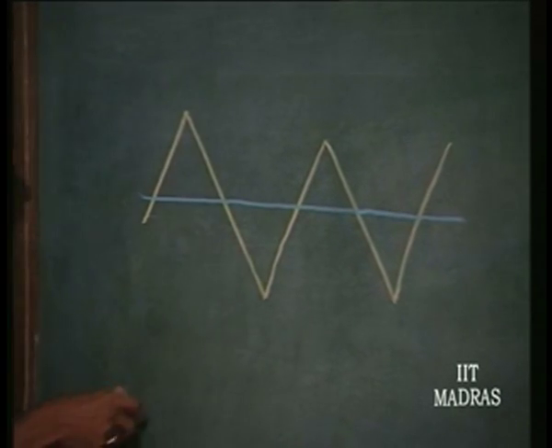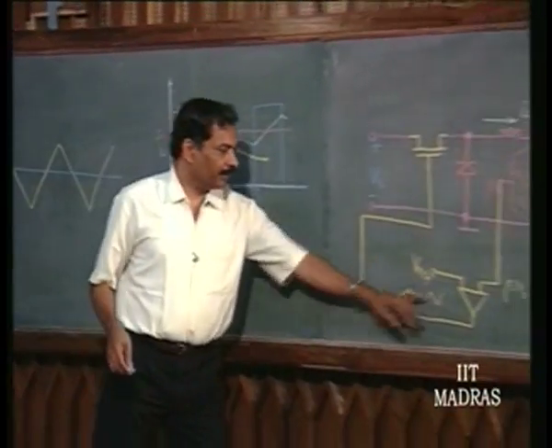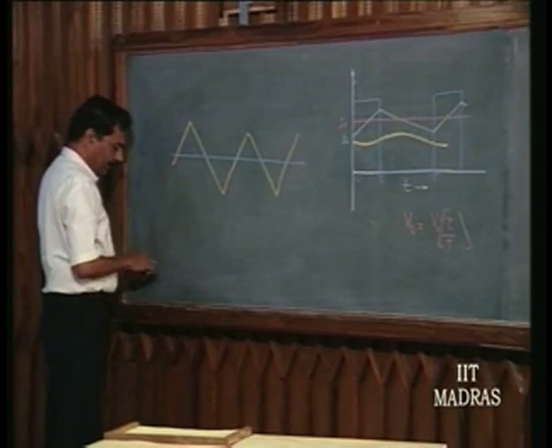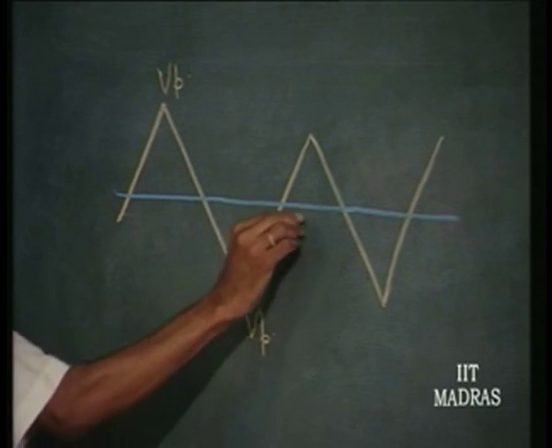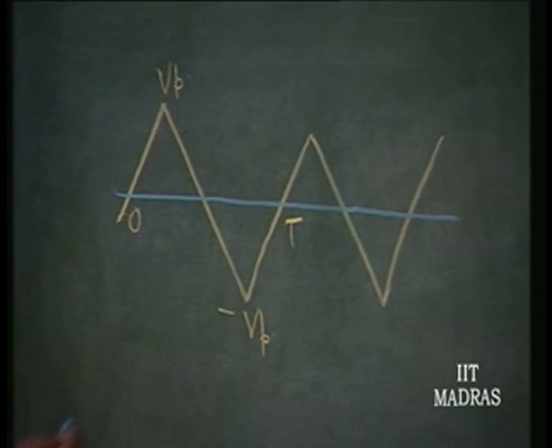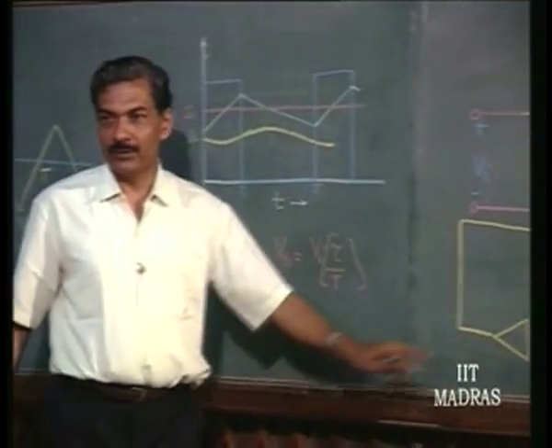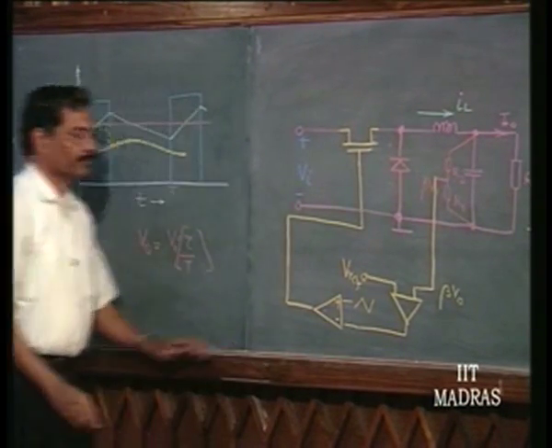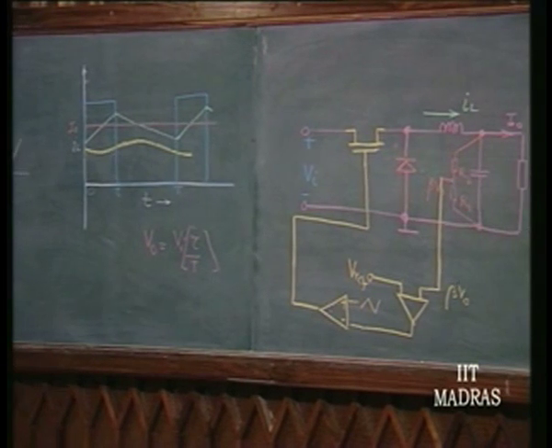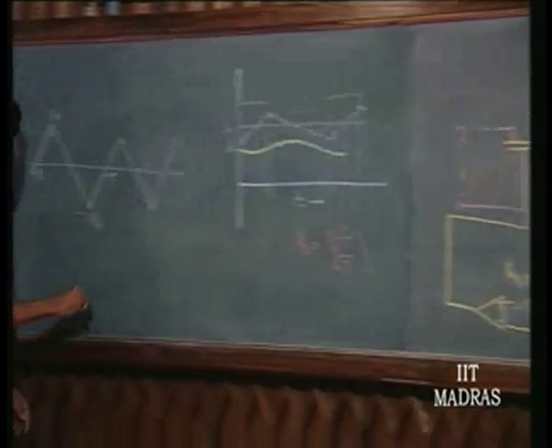Now, if a triangular waveform with peak voltage equal to Vp, let us say, and time period equal to T is applied to a comparator whose other input voltage is connected to ground, what will be the output? Let us see. This is plus and that is minus. What will be the output? It's going to be a square wave.